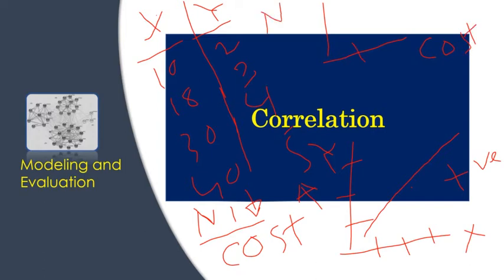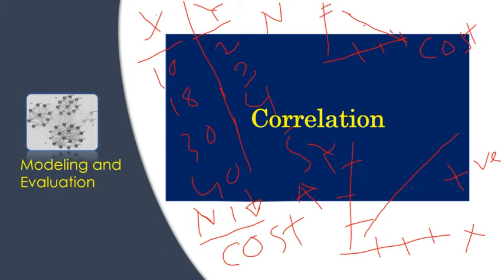Cost is higher, net income is here. So there is the point. In this way, cost is higher, net income is lower, meaning cost and net income are negatively correlated. So we can see how the variables are correlated.